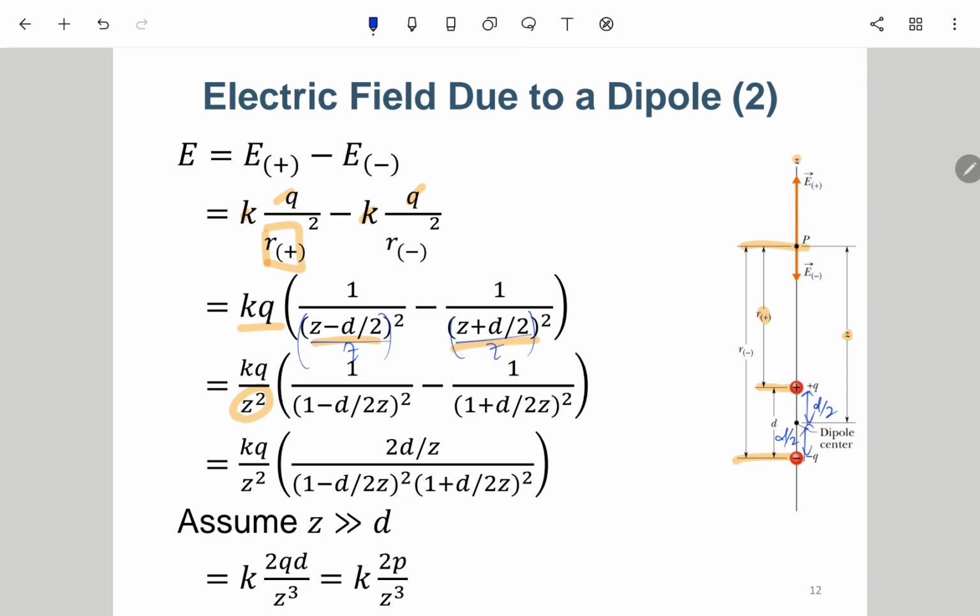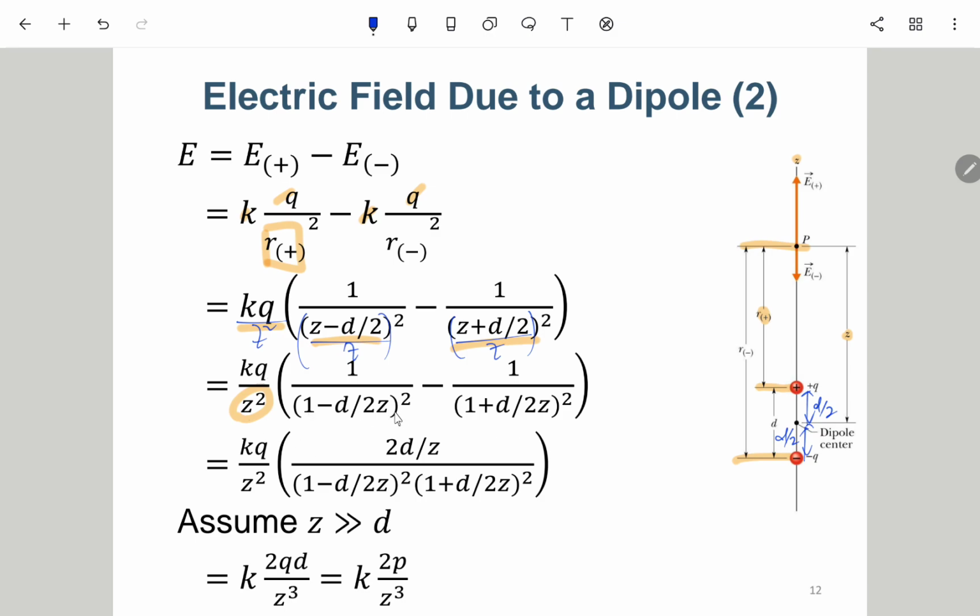It doesn't change anything. So we have 1 minus d over 2z, and for the other term, 1 plus d over 2z.